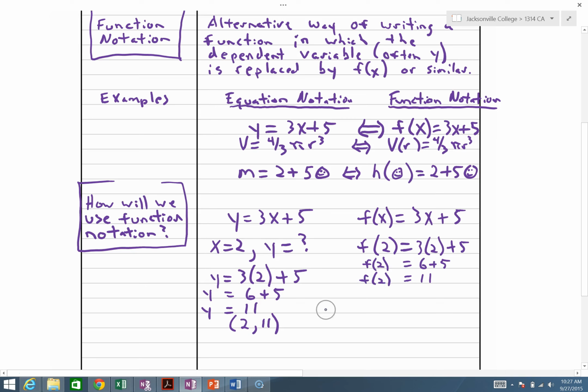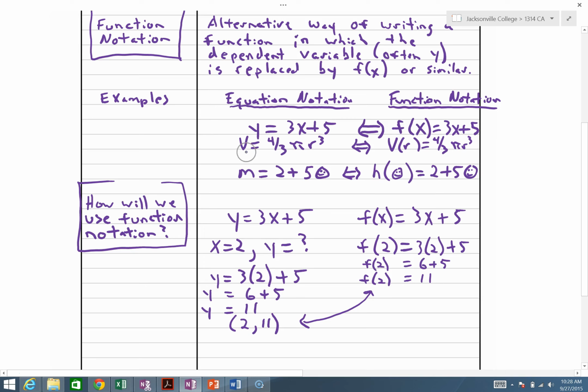So what we see is these two statements are analogous. To say that when x is 2, y is 11 is the same as saying the function value at 2 is 11. When x is 2, f of x is 11. So in short, you can think of f of x as being y, right?